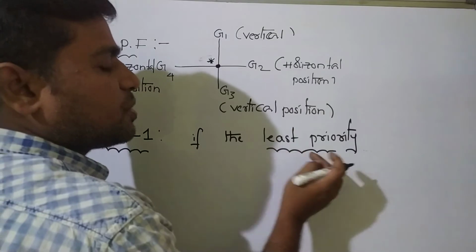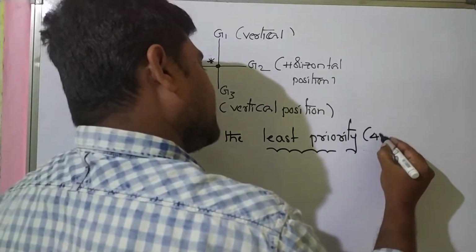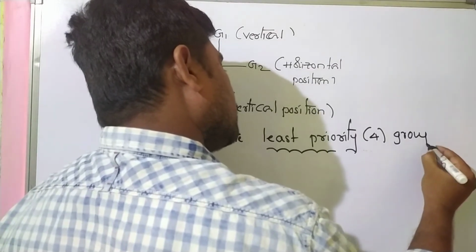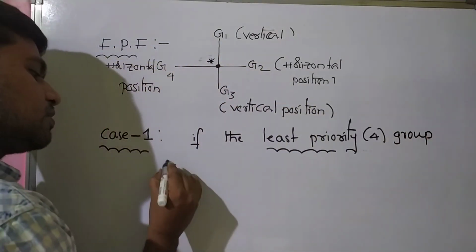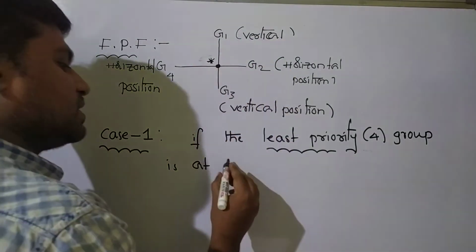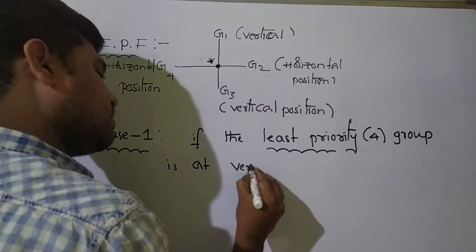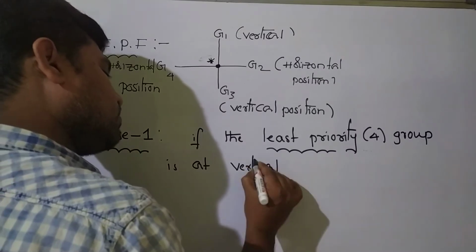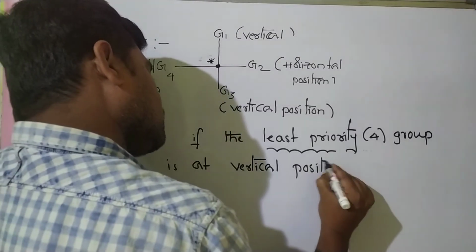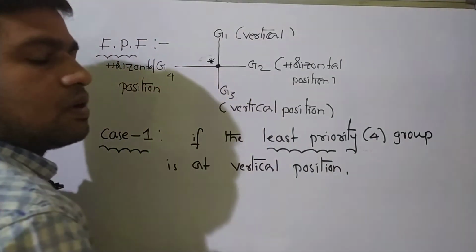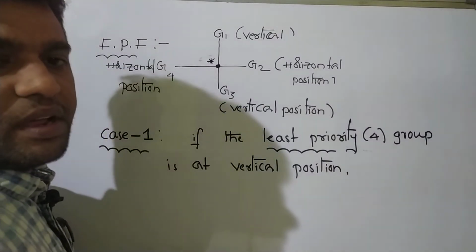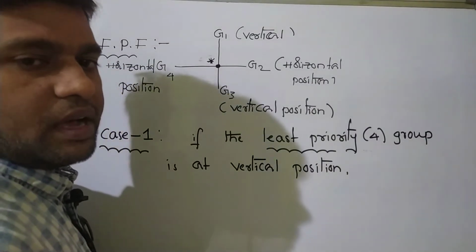So if the last priority, the 4th priority group, is at a vertical position, this is the first case. Then how to give the RS configuration for the given chiral carbon atom.